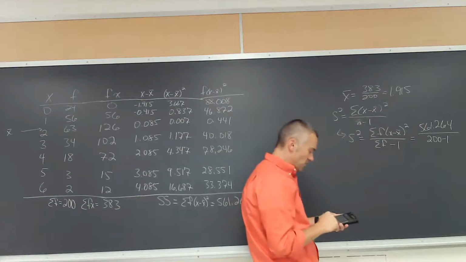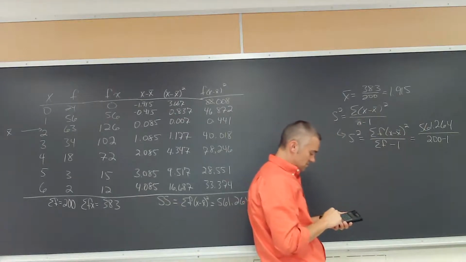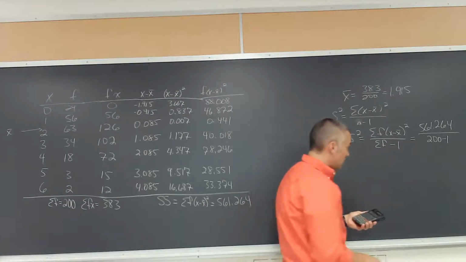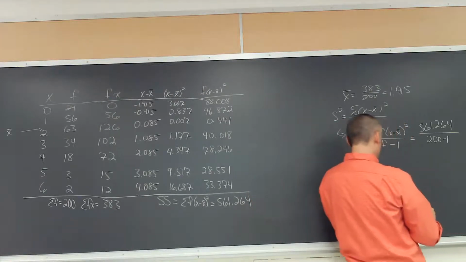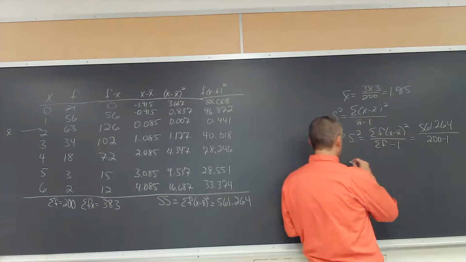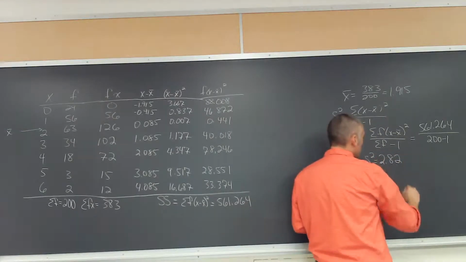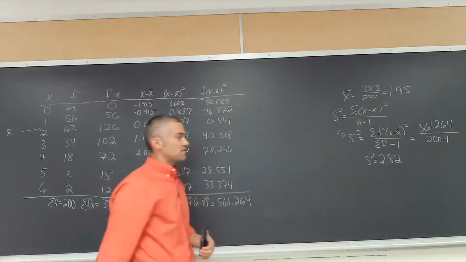So 561 divided by 199, I get 2.82 as my variance.